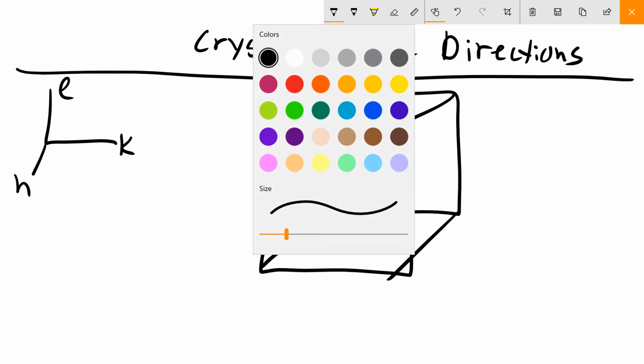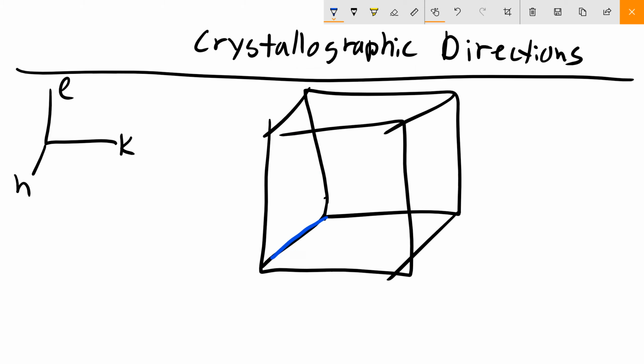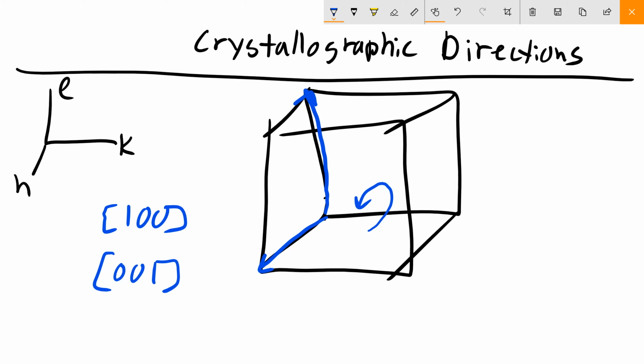So let's look at our old friend, the [100] direction again. Now you can imagine if I were to blindfold you and then rotate this crystal, specifically around this k-axis, you could not tell the difference between the [100] direction and the [010] direction, right?